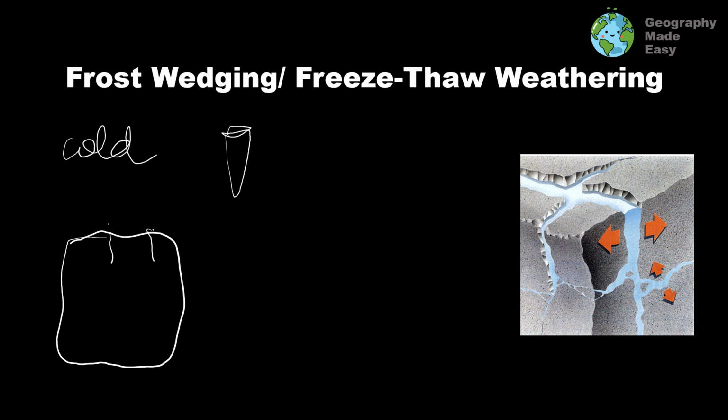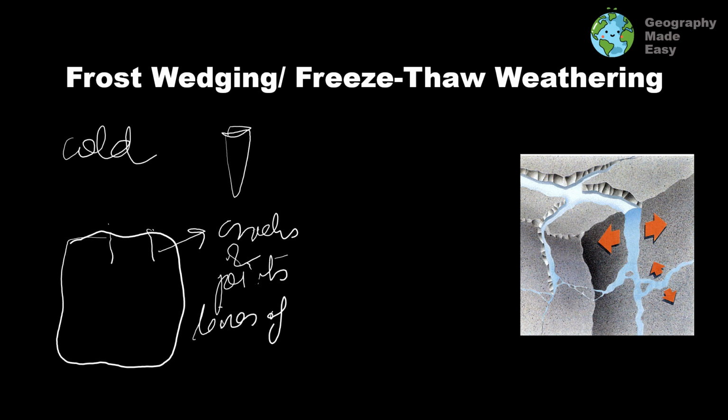So they are naturally forming zones or lines of weakness. We have to understand that these lines of weakness act as areas through which weathering will take place, or the weather elements will be able to attack.